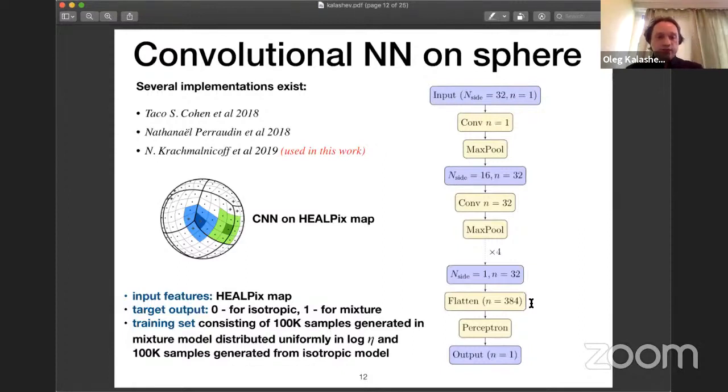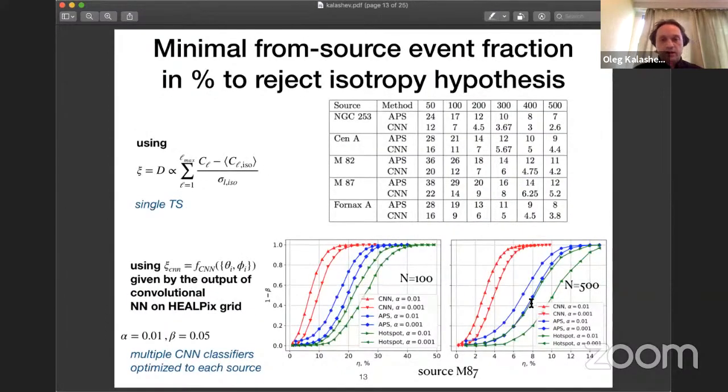For training, we use roughly 100,000 samples generated in a mixture model, where the number of from-source events is distributed uniformly in log eta, and 100 samples generated from the isotropic model. And here is what we get. In the table on top of the slide, you can compare figures obtained with the convolutional neural network with the previous method based on angular power spectrum coefficients.